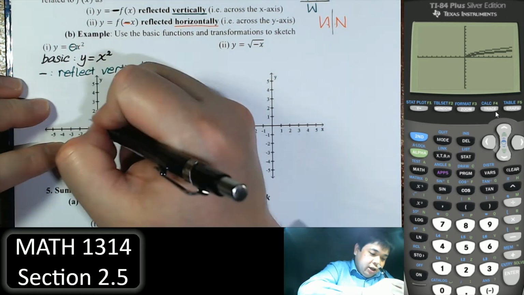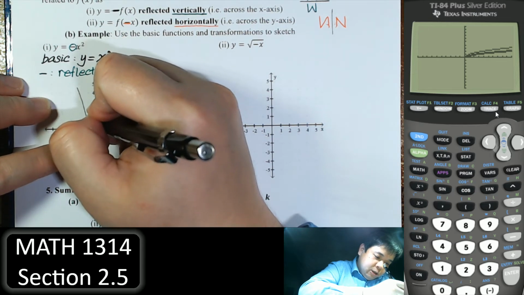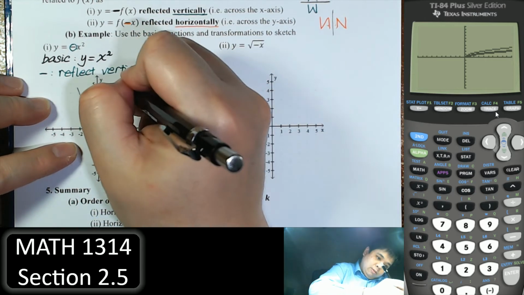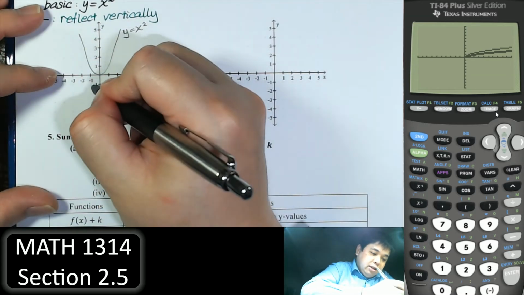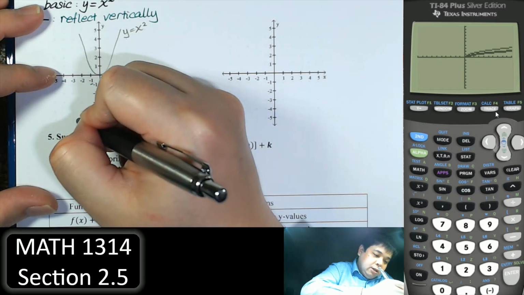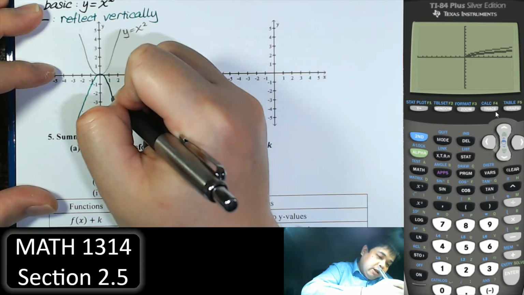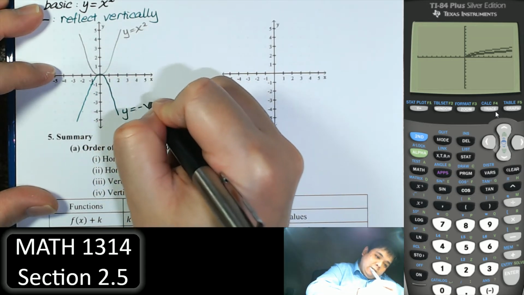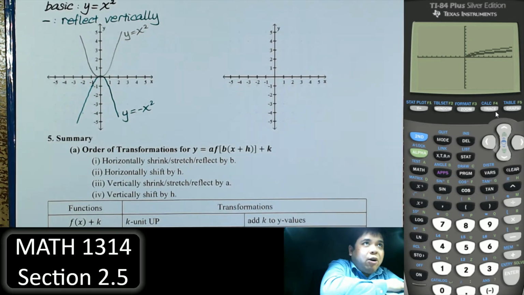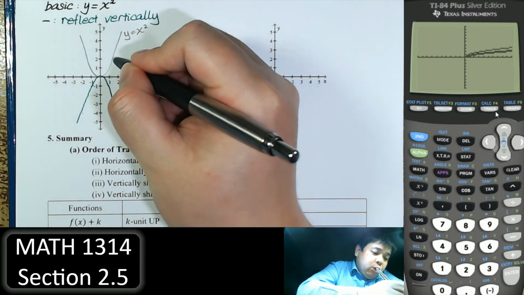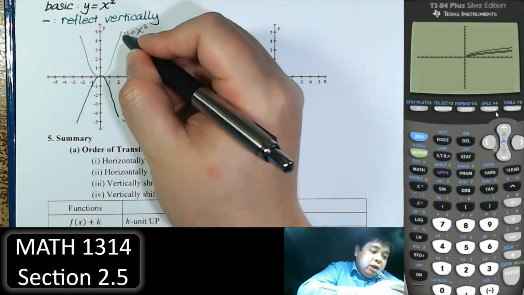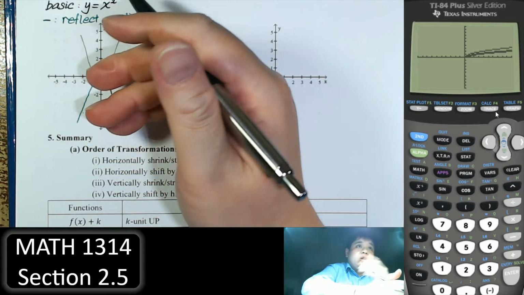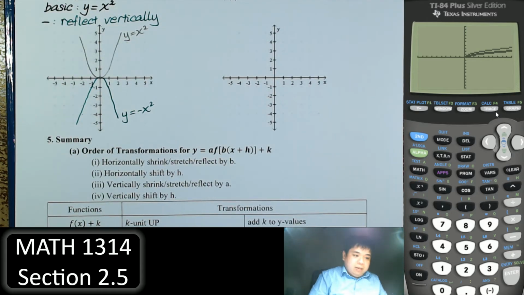So we have x squared and then reflect vertically. Just flip it upside down, and that's all we do. So pretty much all the y values are multiplied by -1. 1 times -1 is -1. 4 times -1 is -4, and so on. So that's why the graph flips vertically. Right.